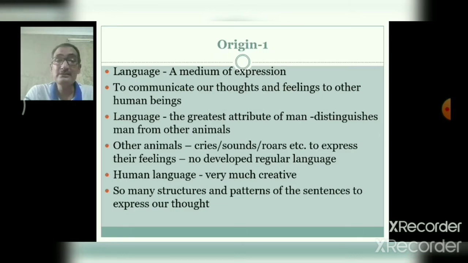So human beings are very creative as far as language is concerned. There are a number of ways of expressing one thing, there are a number of structures and patterns of sentences to express a thought, and all these things a human being can do easily.